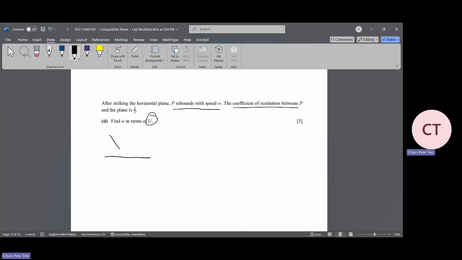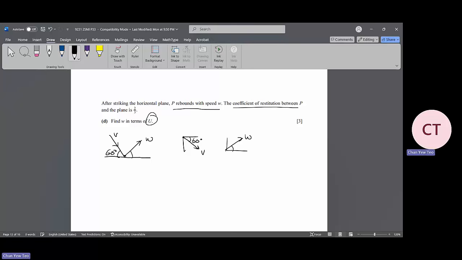When you hit the plane and rebound, this angle just now is 60°. And you rebound with the speed of W. This speed I call V, this is a 60°, and this is the W.